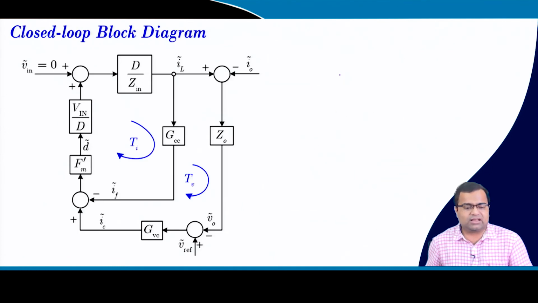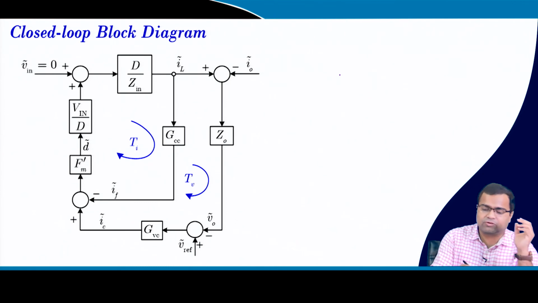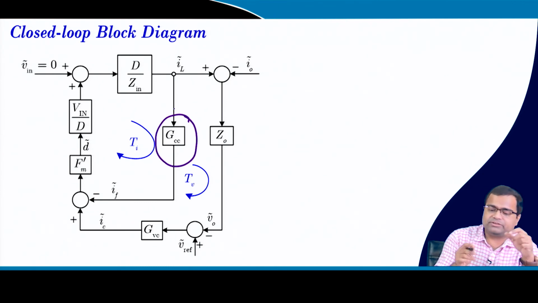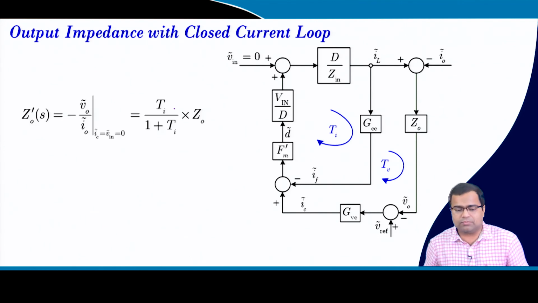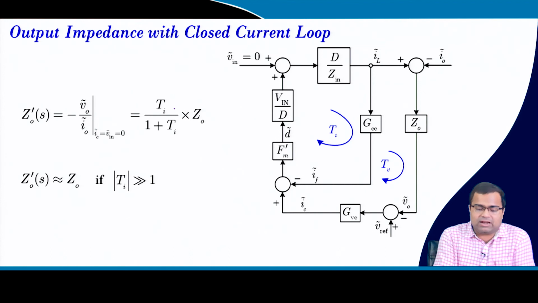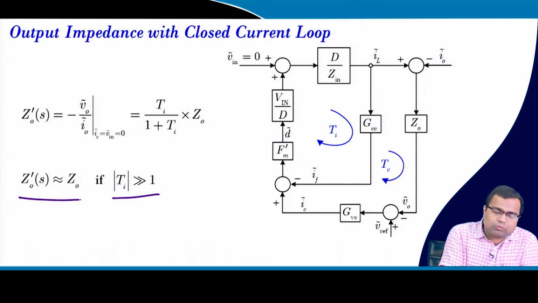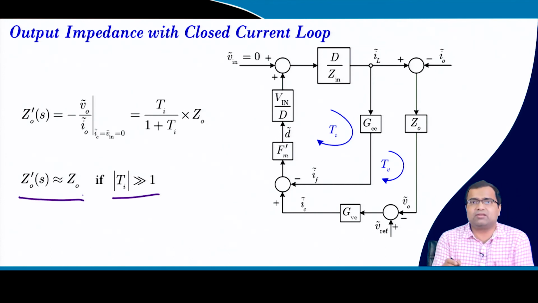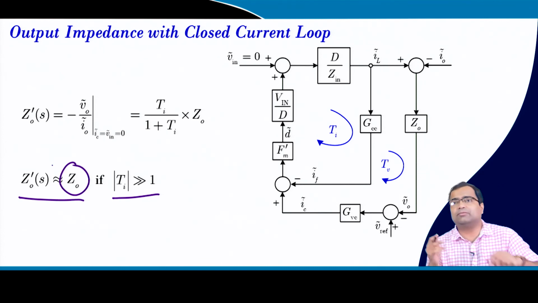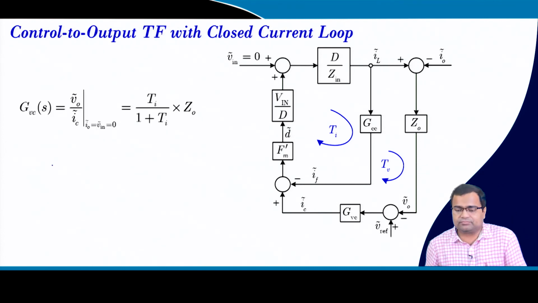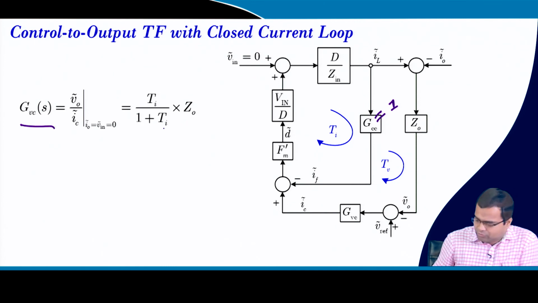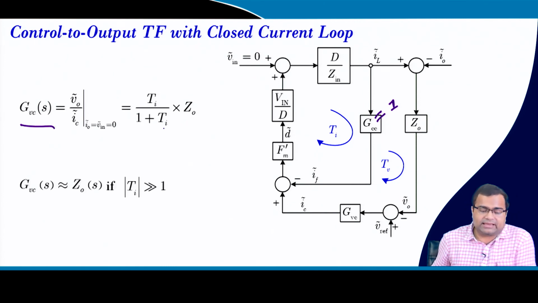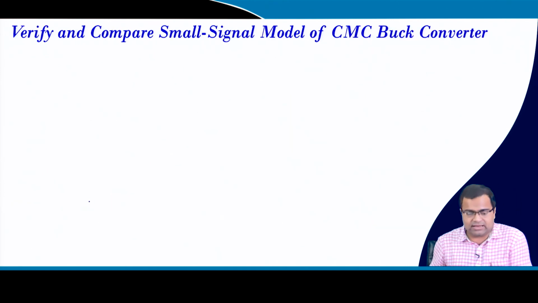That means the closed loop block diagram, if we consider a current sensor, okay, a closed current loop. Now, if the current loop gain is very high, then the output impedance with this model will be the same as the earlier model, and here I am taking GCC equal to 1. Similarly, the GVC, if the current loop gain is very high, is the same as these two, right.